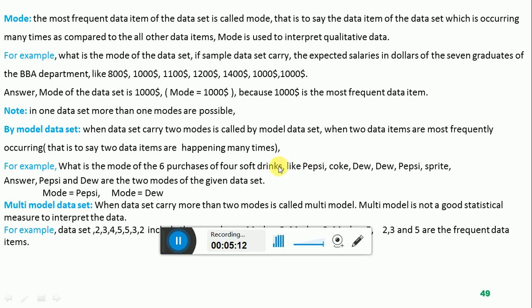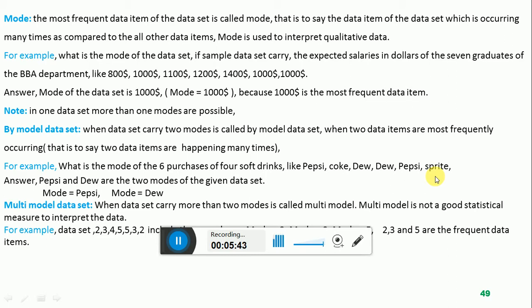Now, a bimodal data set is when the data set carries 2 modes, and mode is the most frequent data item. So here you can see, students, that Pepsi is happening 2 times in this particular data set. Dew is also happening 2 times, and the other 2 soft drinks, Coke and Sprite, are happening only 1 time.